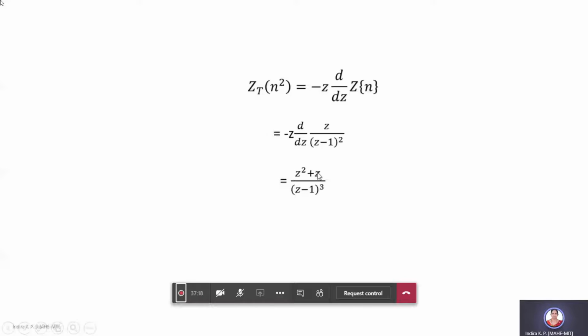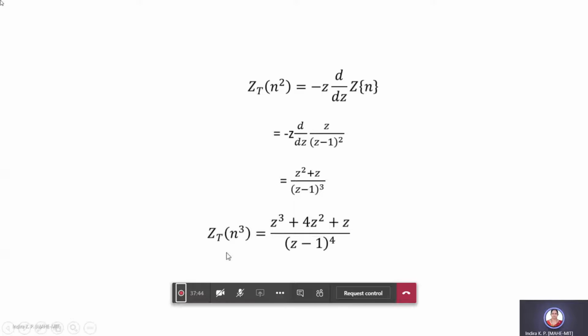So when I simplify, what I get is z squared plus z divided by z minus 1 whole cube. You have to apply the quotient rule to differentiate and then multiply by minus z. What you get is z squared plus z by z minus 1 whole cube. If you have understood the concept, these calculations, I suppose, you should be able to get.